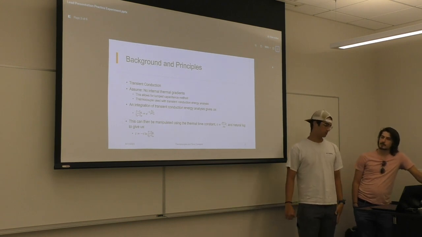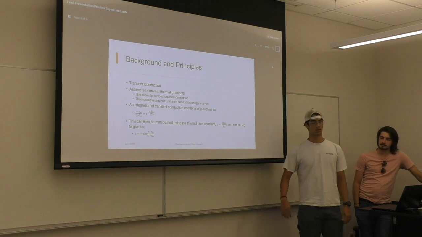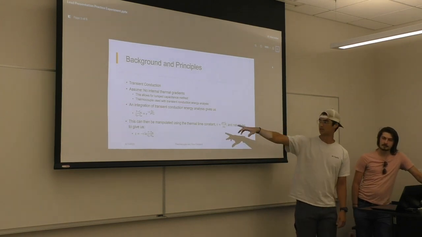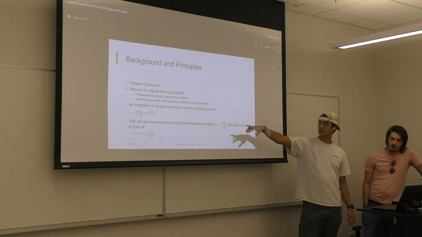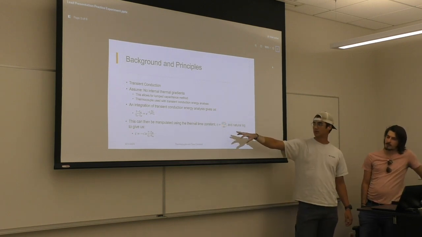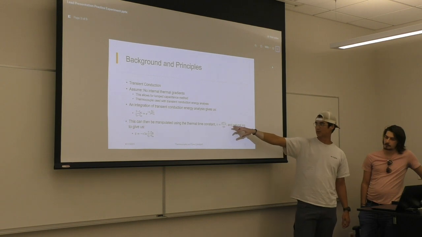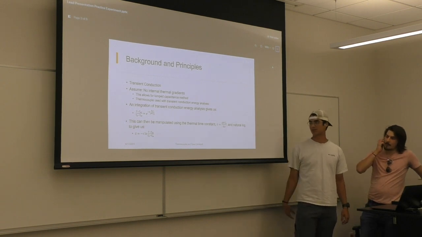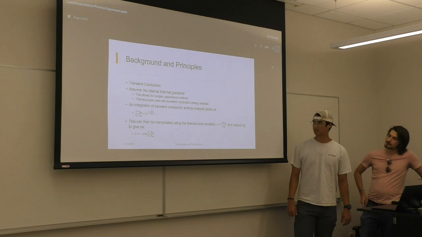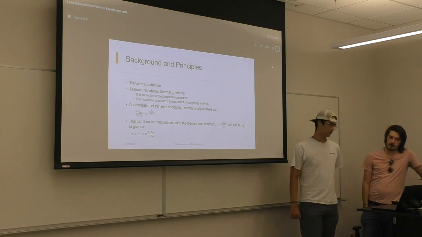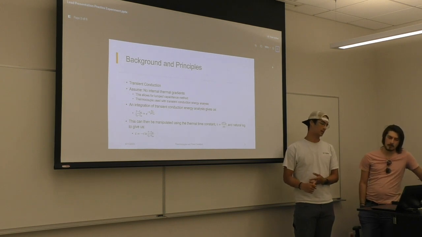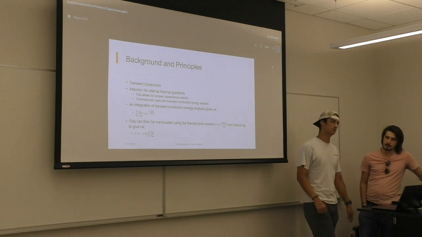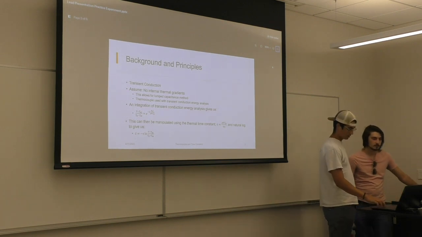So it uses the transient conduction heat energy analysis, which is this equation above, and then if you substitute in this for the time constant and use the natural log, you can get a more simplified version of the equation that allows you to find things like the time constant and the amount of time taken based off of temperature differences and time elapsed.